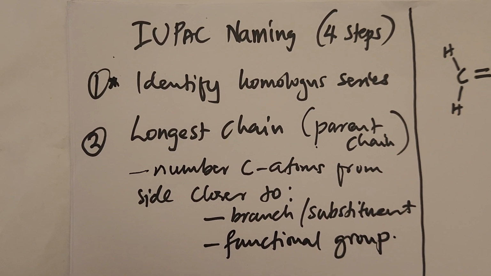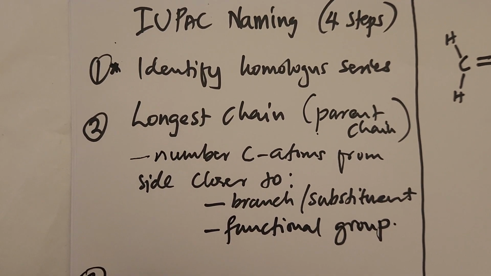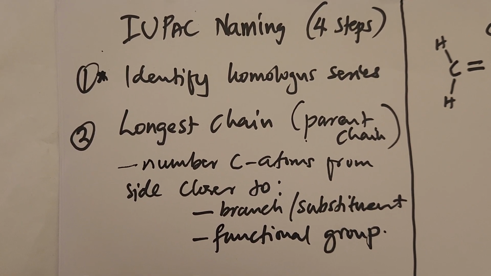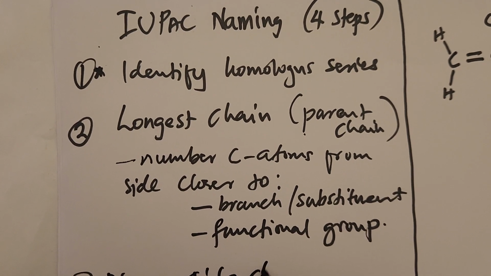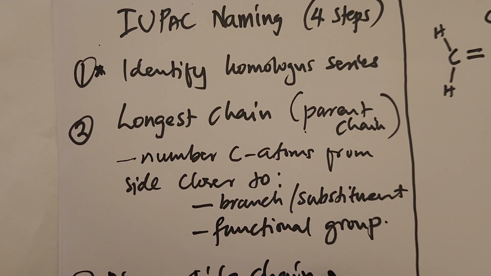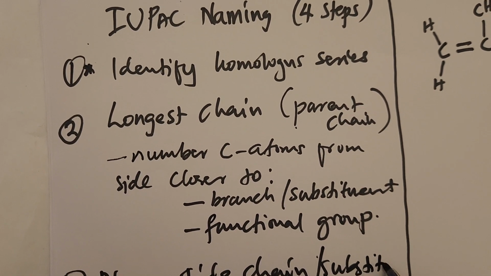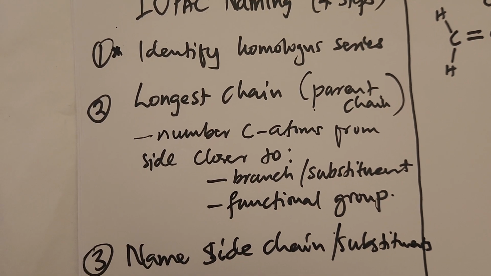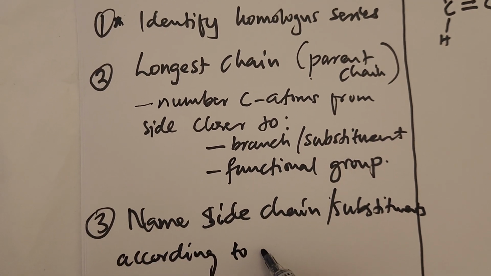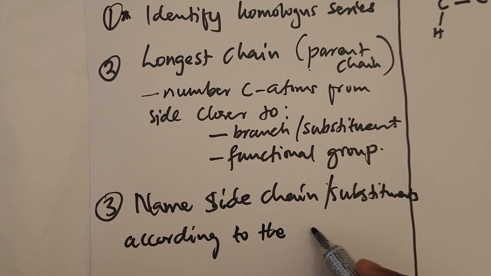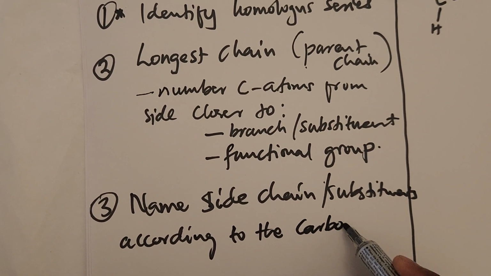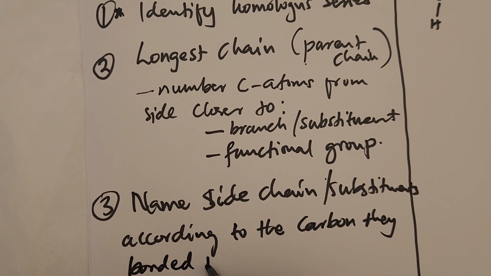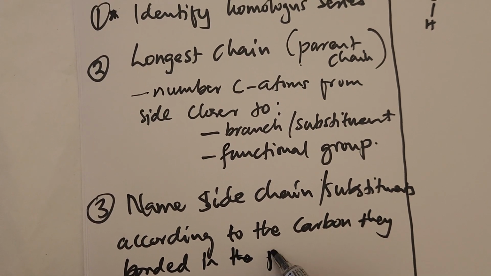Once you have numbered the carbon atoms, step number 3, you have to name the side chains, or branches or substituents, according to the carbon they are bonded to in the parent chain.